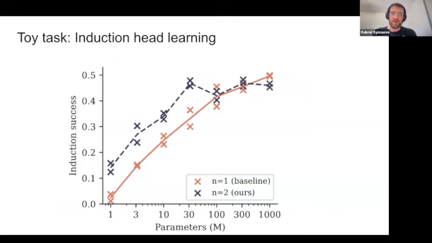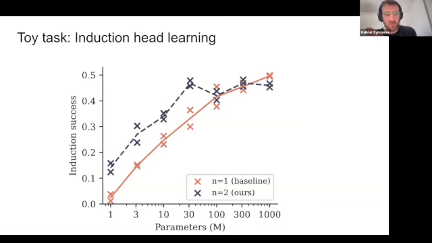Okay, and then we did some toy tasks. For instance, here, this one is induction head learning. This toy task was actually done on real data from a validation set. What we call induction learning is: if in your prefix you have the string AB, for instance, how much more likely are you to output B if in your prefix you also have A?